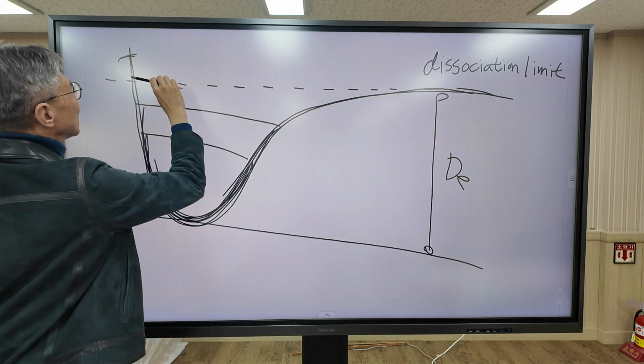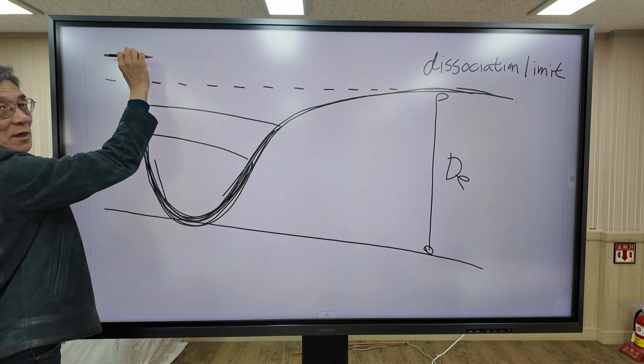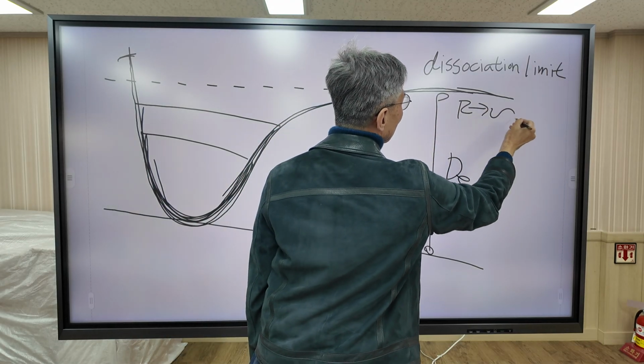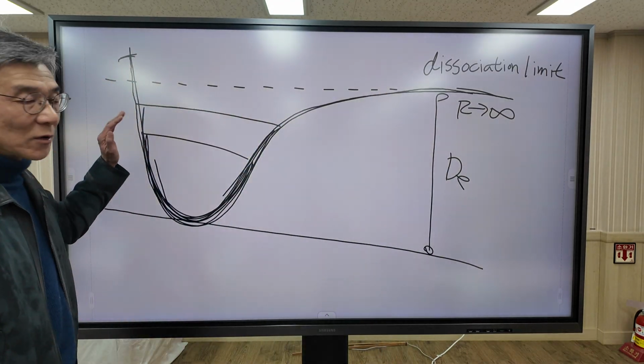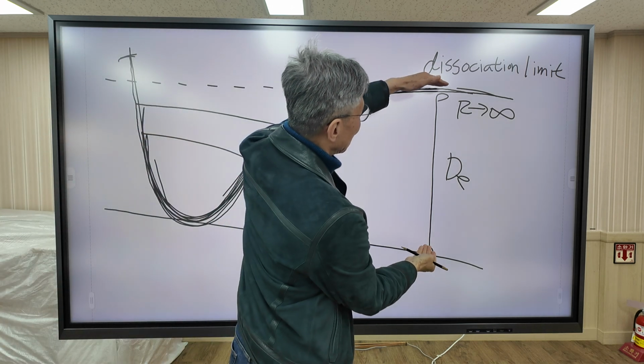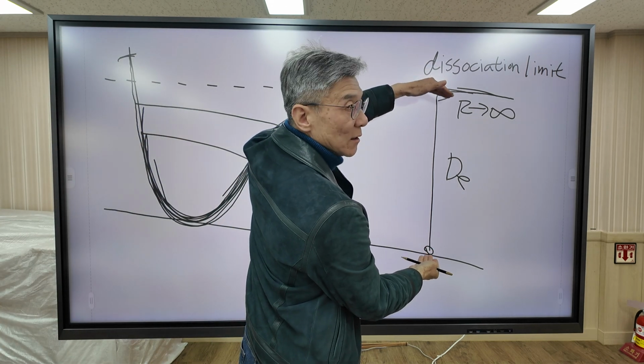So when the molecule has energy higher than the dissociation limit, it can go to R infinity. So the molecule can dissociate. When it has energy higher than D_e, the molecule can dissociate.